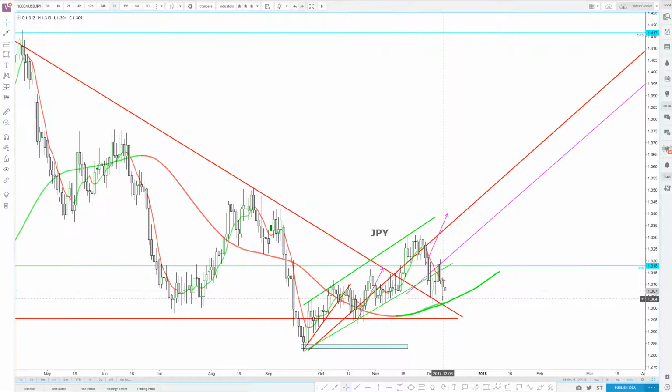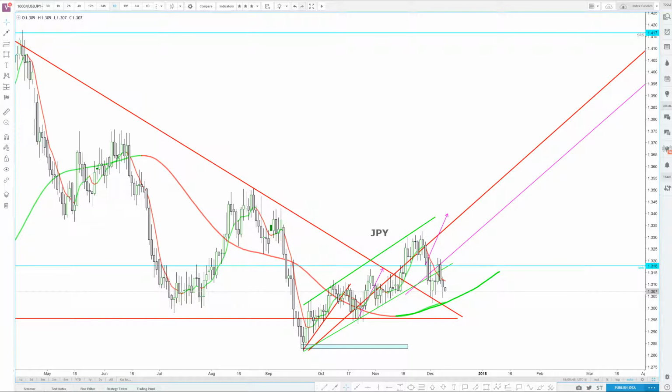I kind of wish it made a lower low so then it can bounce up, but we didn't really get that, so maybe we still will. So another test of that trend line and then back up. So I'm still bullish on Japanese yen, but at this point I don't think we've bottomed out yet. So I'm not gonna be making big decisions on Japanese yen.